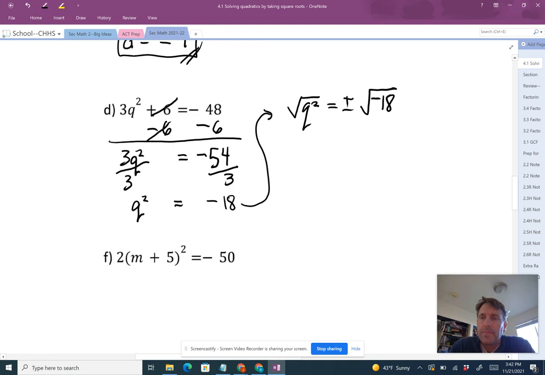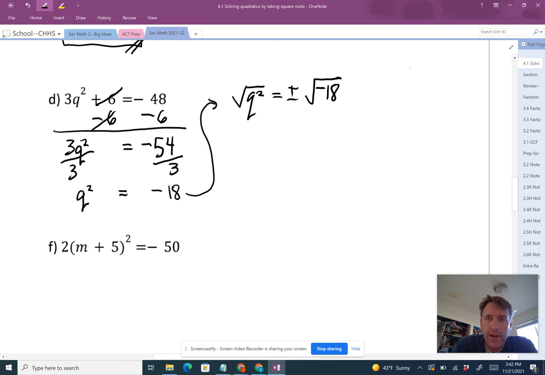And then I ask myself, with the negative on the 18, that's going to give us an i. If you remember, the square root of negative 1 is i. And so we need to simplify the 18 also. Look at 18. 2 will go into 18 9 times, and then 3 goes into 9 3 times, and these are all the prime factors.